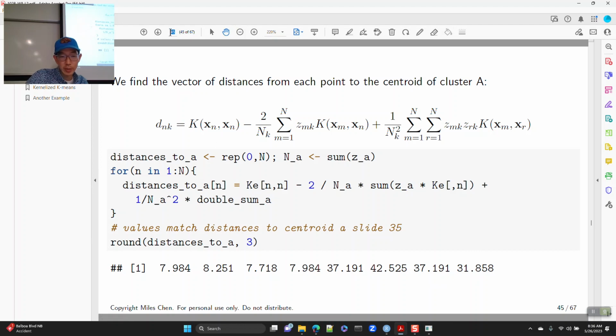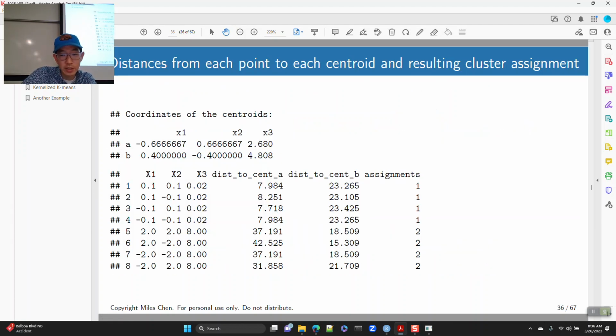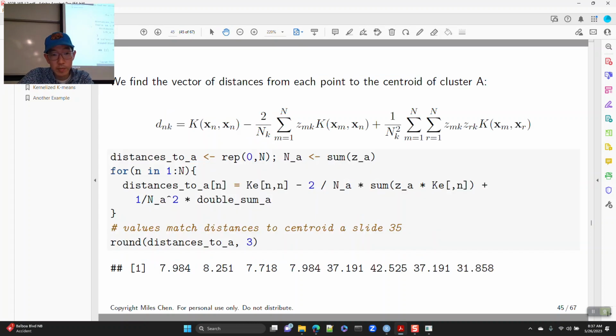And if I compare this to slide 36, look at this column: 7.984, 8.251, 7.718. That's the same values, okay? So we're getting the same values just using this formula. Again, kind of a pain, but it's possible.